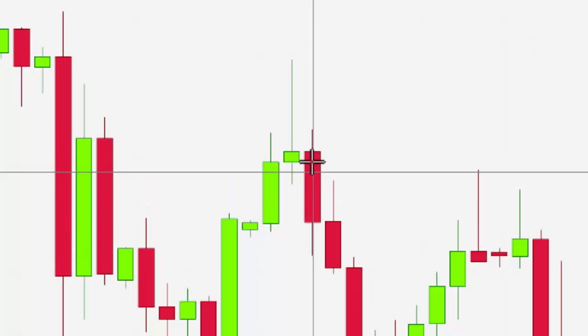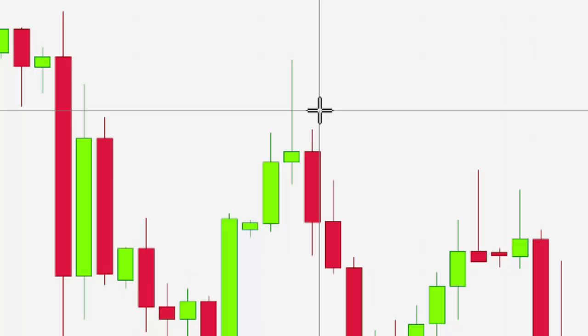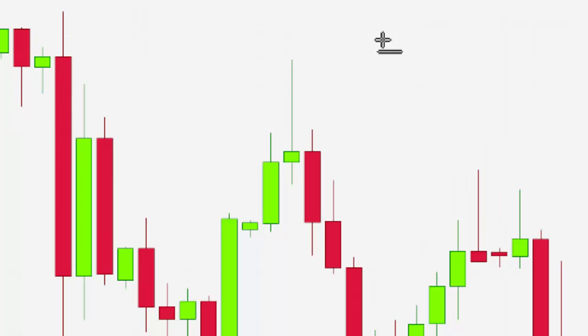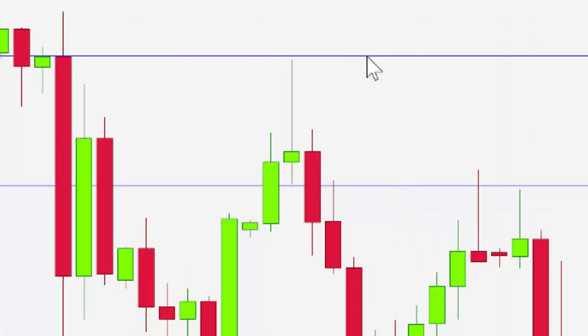But then, yes, it did fall in. And so, following our rules of entry, conservative, I would have looked at entering around that point, 5 pips below the low of the signal bar, and stop loss being about 5 pips above that.